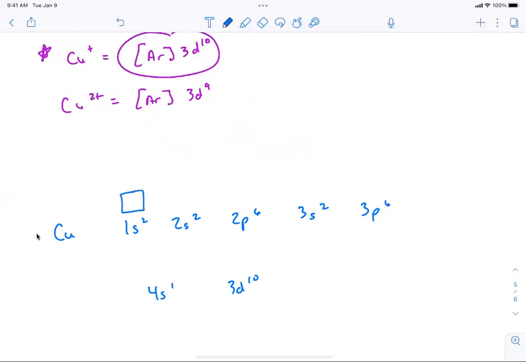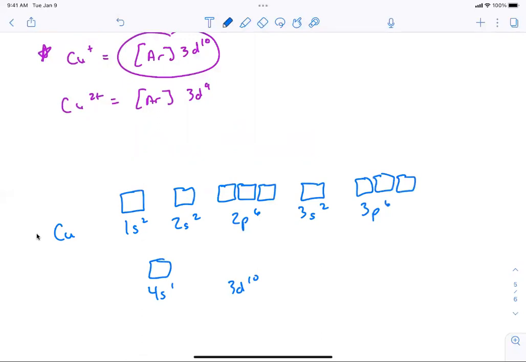S is 1, because s only has 1 orbital. So every s that you have should only have 1 box. P has 3 orbitals, so every p should have 3 boxes. And d has 5 orbitals, so you should draw 5 boxes.